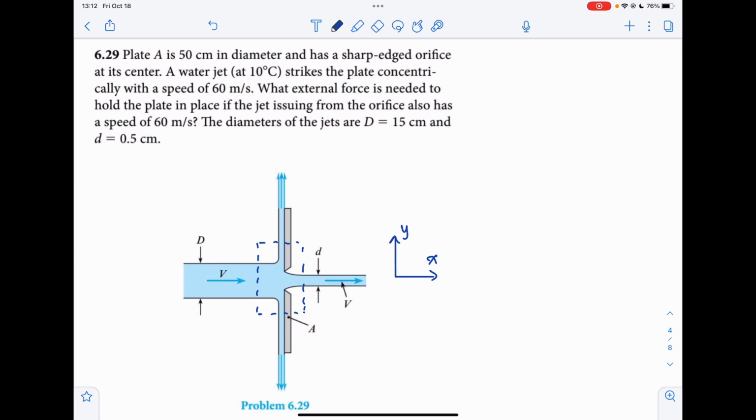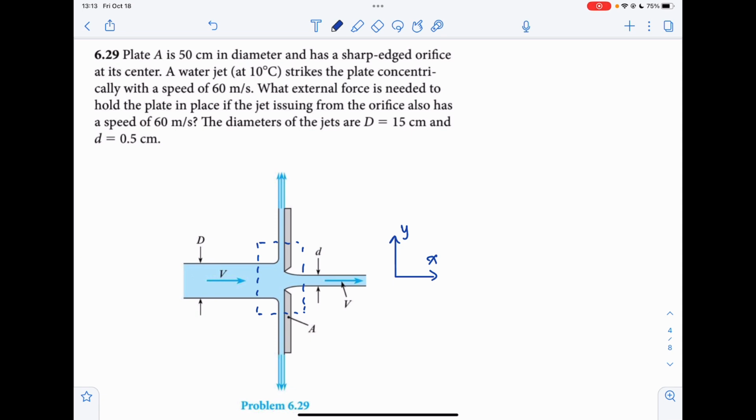The diameter of the jet is given, and also the diameter of the jet passing through the orifice, which is 0.5 centimeter.